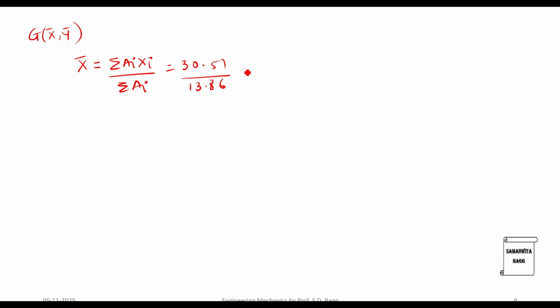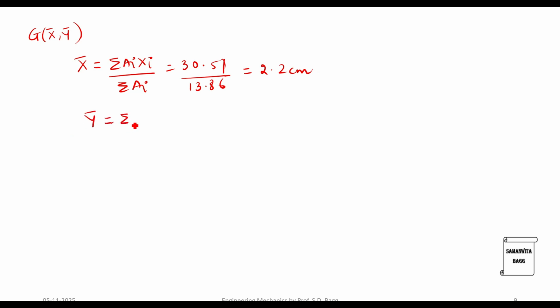Next, we will write down G, x bar y bar is what I want. For x bar, we have summation Aixi upon summation Ai. So this is 30.51 divided by 13.86. This value will be 2.2 centimeter.